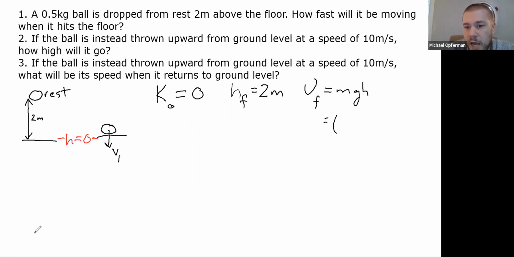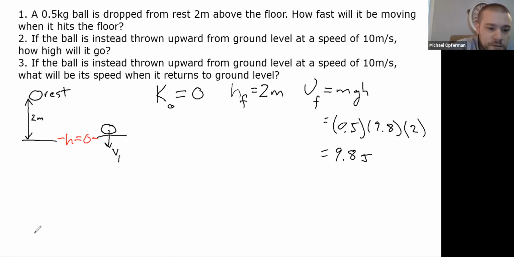So my m is 0.5, my g, I'm not writing my units here, but this is all SI units, h is 2. And I can do that one in my head. That's going to be positive 9.8 joules. So the initial kinetic energy is, oh geez, I made a mistake here. Sorry about that. These are, of course, all initial values. Okay, so the initial kinetic energy is 0. The initial potential energy is 9.8.